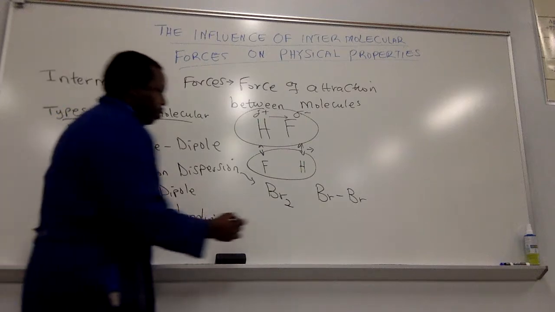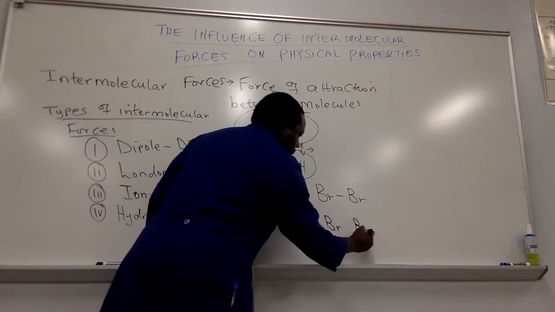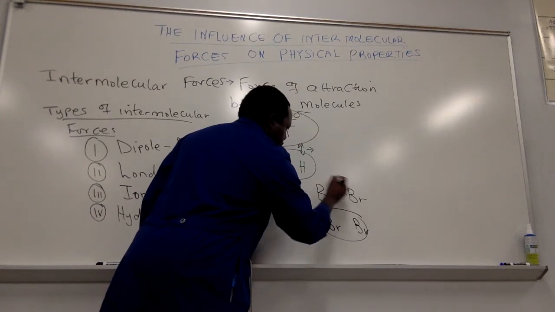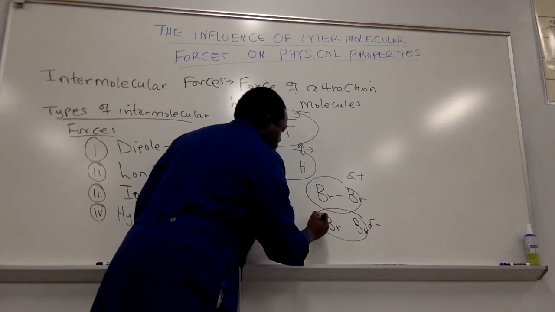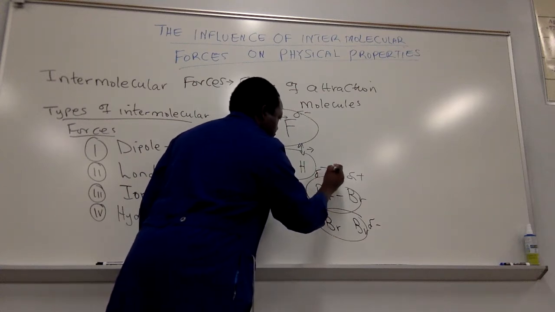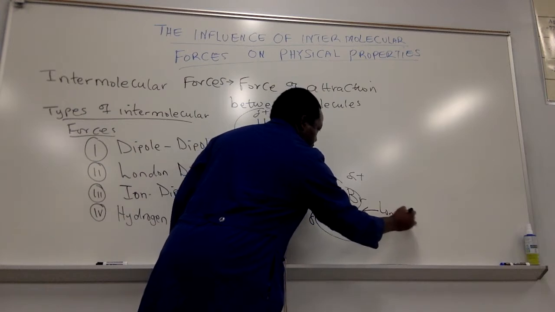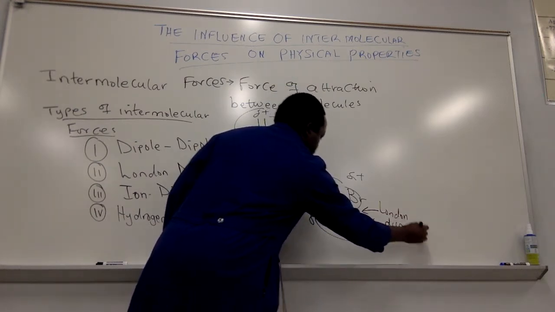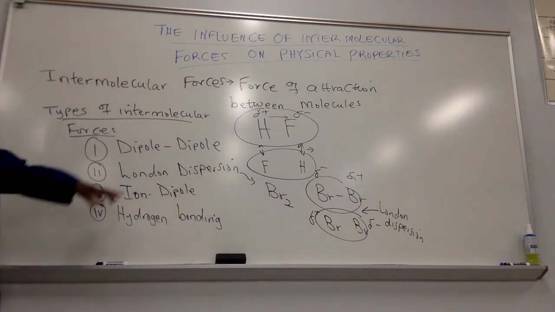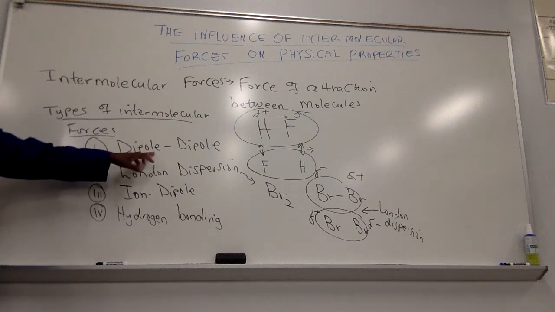If we have another molecule next to it, one side is partially positive, the other partially negative. This type of interaction we call London dispersion forces. So this is present in all molecules, whereas dipole-dipole is present in polar molecules.